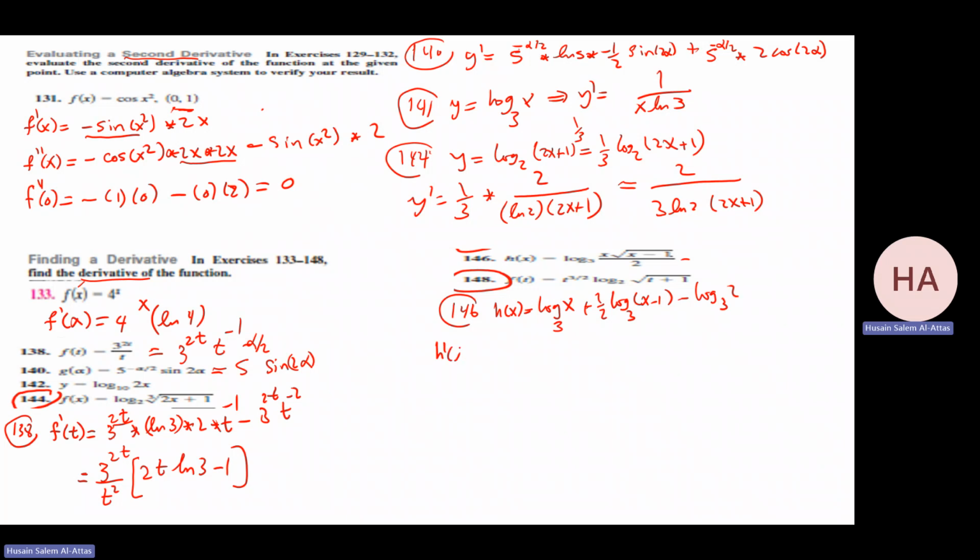So it will be h prime at x. It will be 1 over ln 3 times x. Okay, this is 1. This one is what? I have 2 here, and I have ln 3 times x minus 1. This is my u. Here I have 1, because the derivative of x minus 1 is 1.